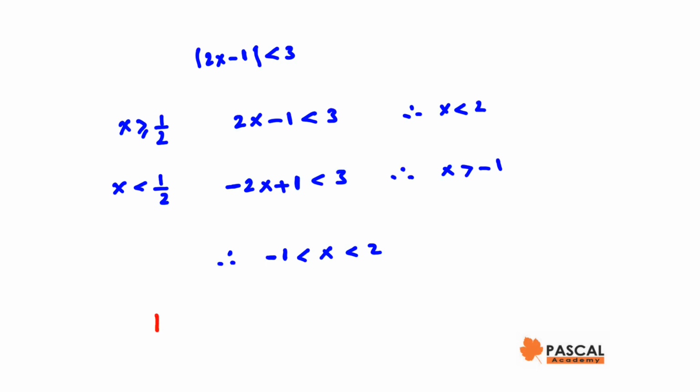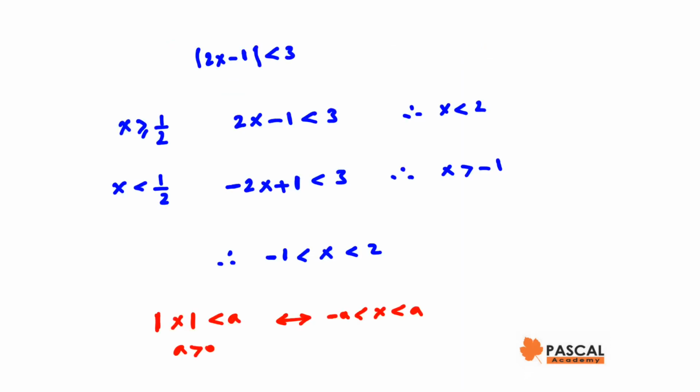Generally speaking, absolute value of x is smaller than a, when a is greater than 0, if and only if x is between negative a and a. Similarly, we can say if absolute value of x is greater than a and a is positive, we have x is greater than a or x is smaller than negative a.